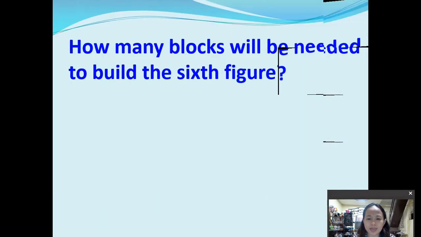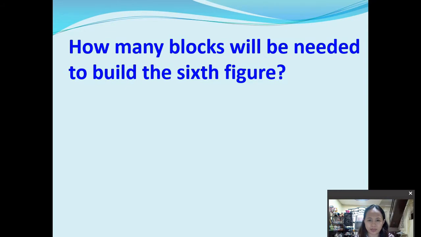How about if we will be asked more? How many blocks will be needed to build the sixth figure? If you still remember, for the fifth figure, we added 5 from the fourth figure to get 15 blocks.